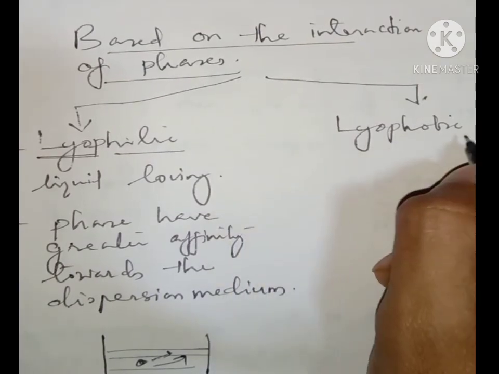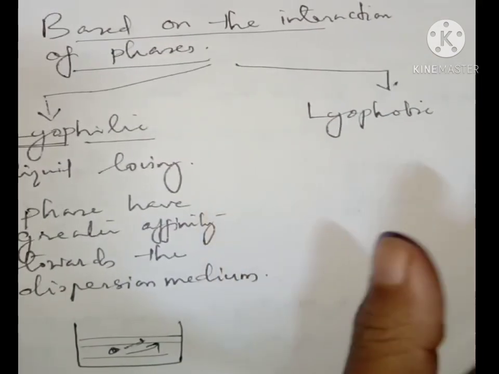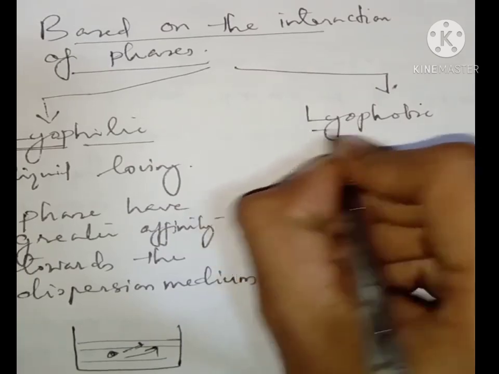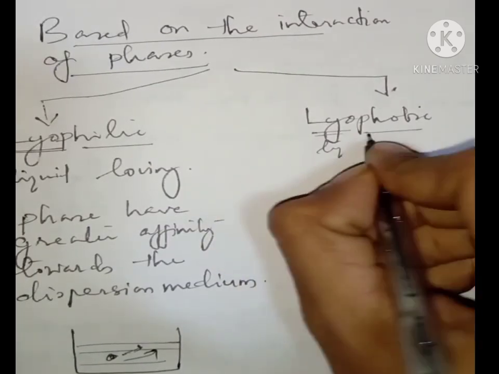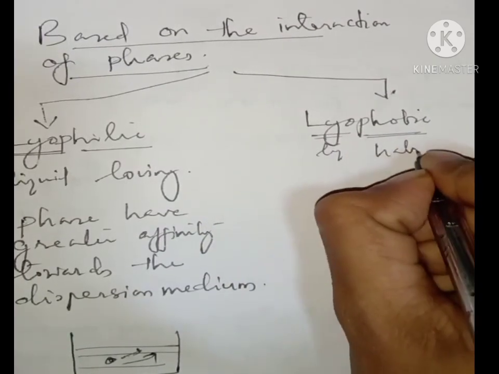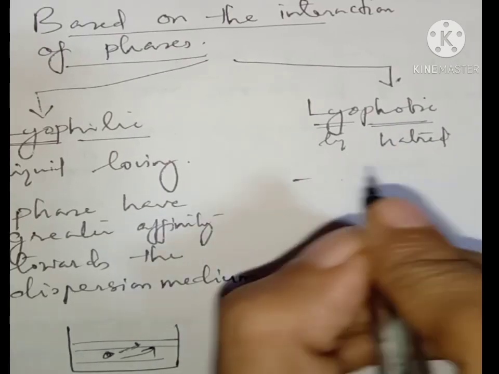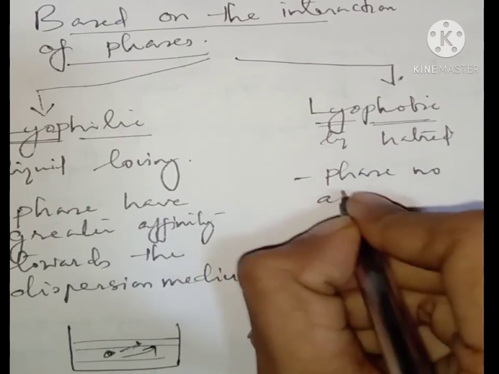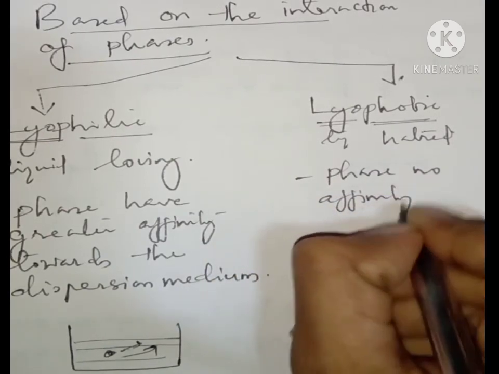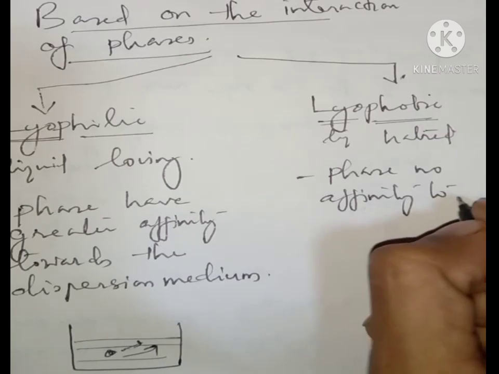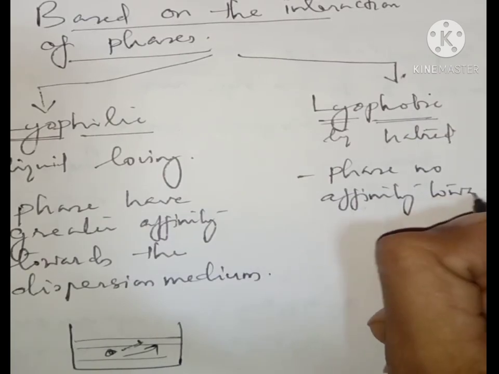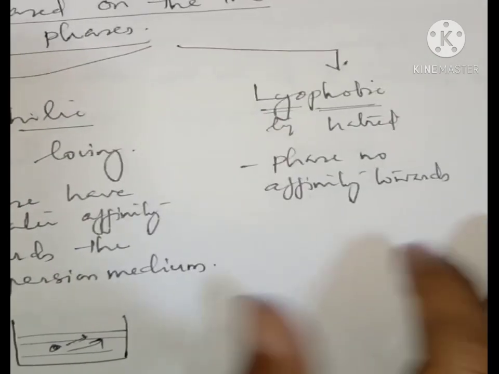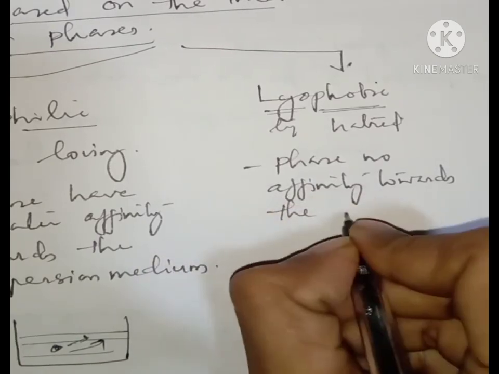While lyophobic colloids are liquid hating. That means the dispersed phase has no affinity towards the dispersion medium.